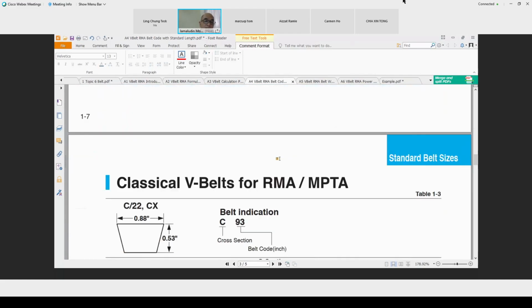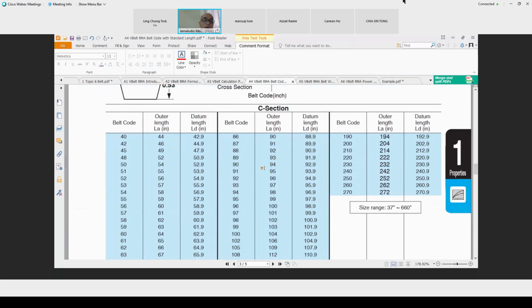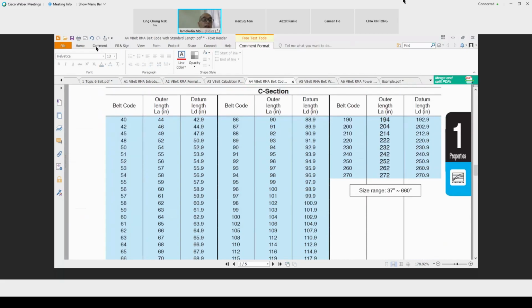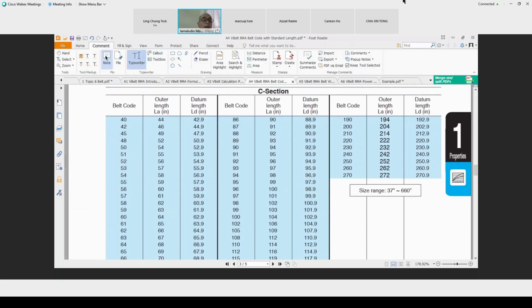This is C. So that's the first one. This is going to be your datum. Please circle 97.05. Let's highlight this one, 97.05.